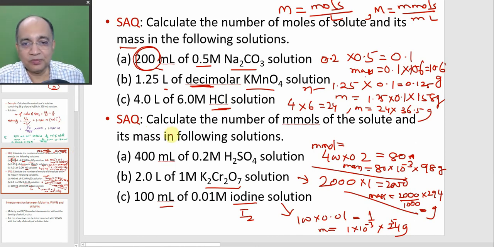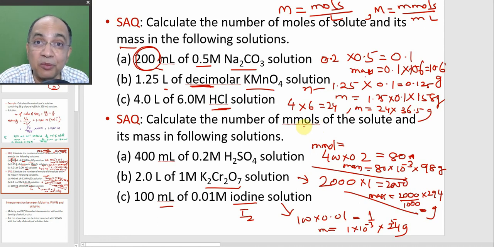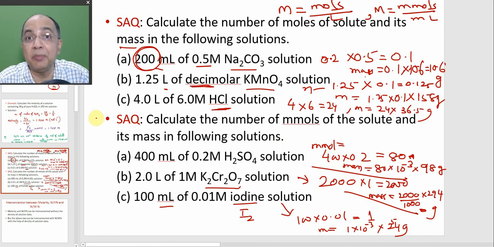Now, don't worry. We are only 15 minutes to go. 15 minutes, I assure you. Calculate the number of millimoles of the solute and its mass in the following solutions. These questions also you could have done by the millimole method. I love the millimole method and the milli equivalent method, as we shall see in the next session.